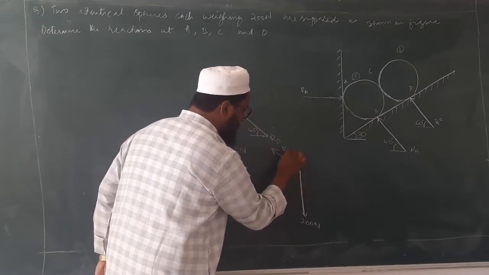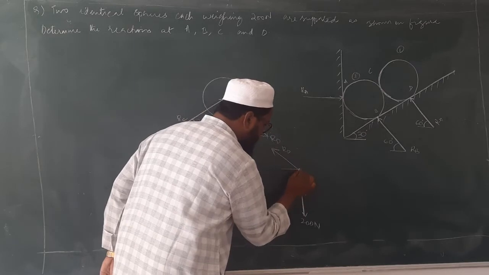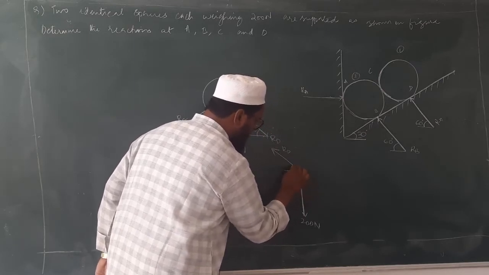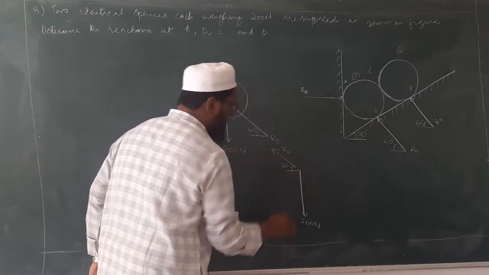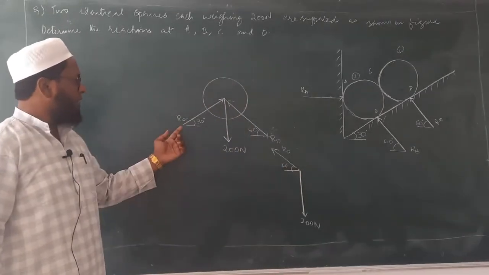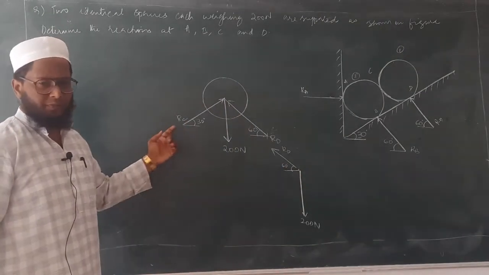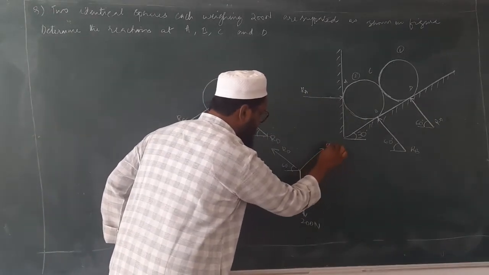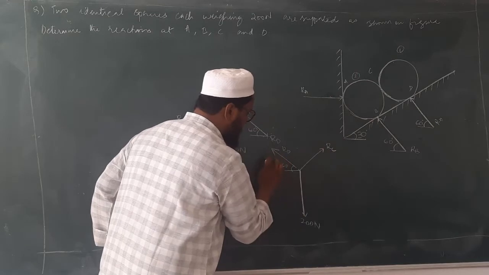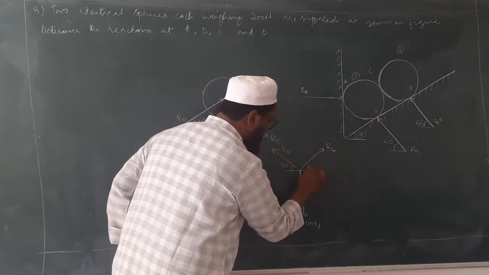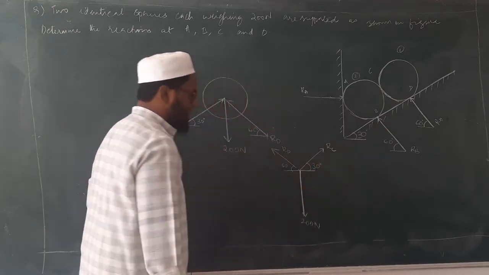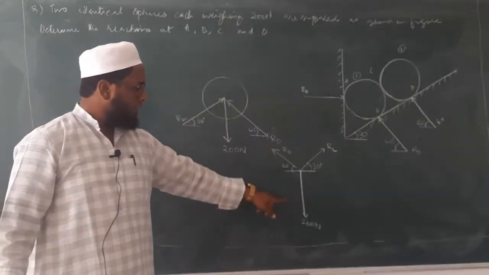So this is RD and it is making an angle of 60 degrees with the x-axis. What about RC? In which quadrant? First quadrant. This is RC and this is RD. What about the inclination of RC now? 30 degrees.